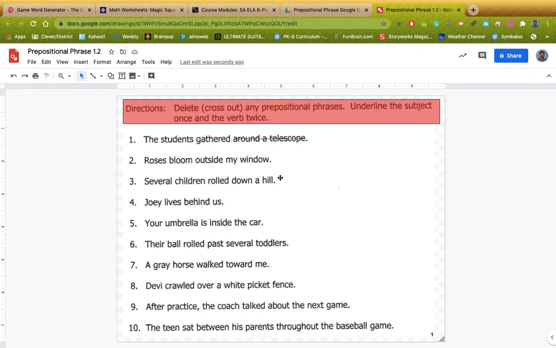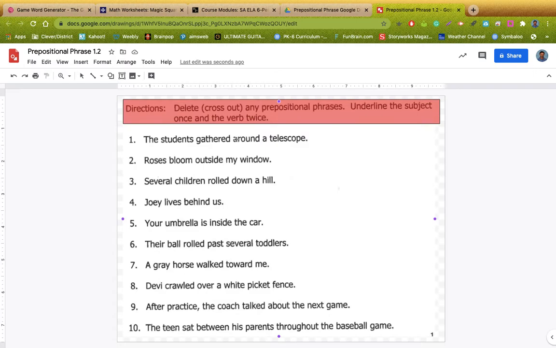So what you have to do is identify the preposition, which is one word, and then decide, okay, I know the prepositional phrase starts there, and I know it ends in a noun because a prepositional phrase starts with a preposition and ends with a noun. And so you identify that and you cross it out.